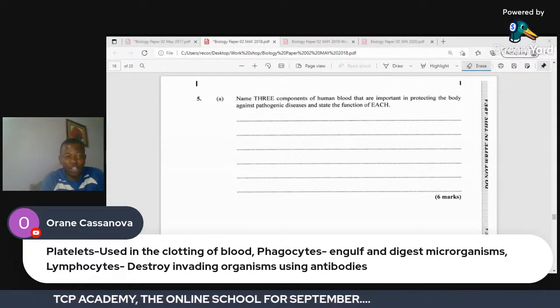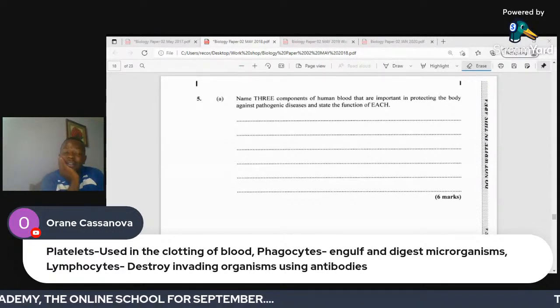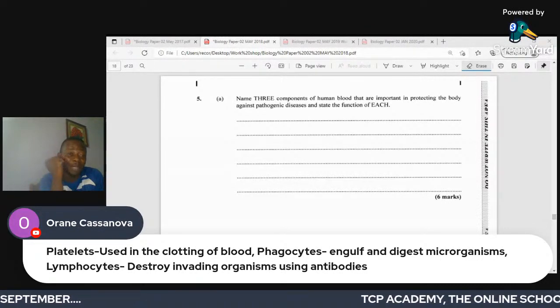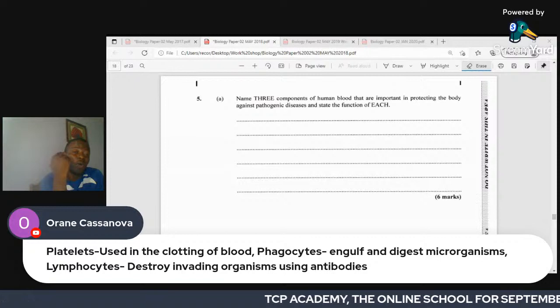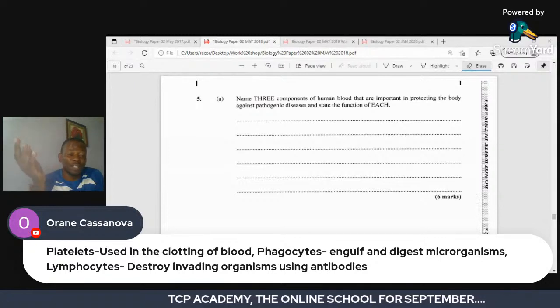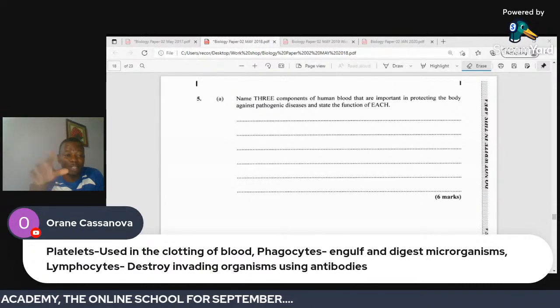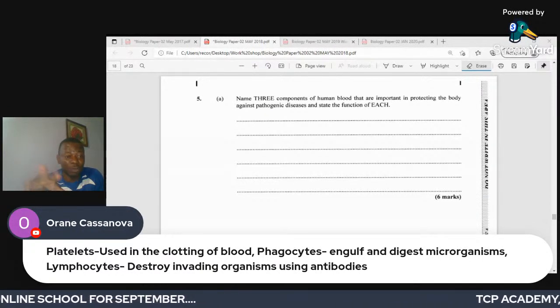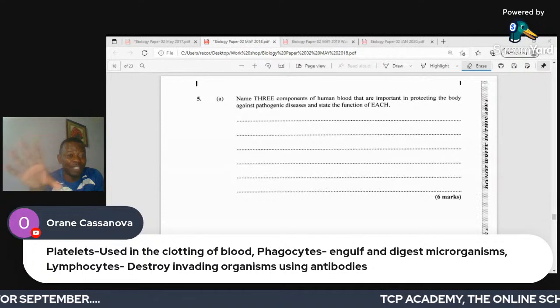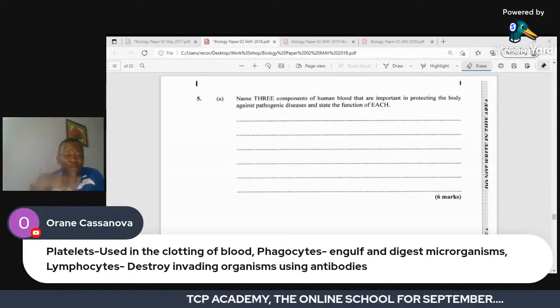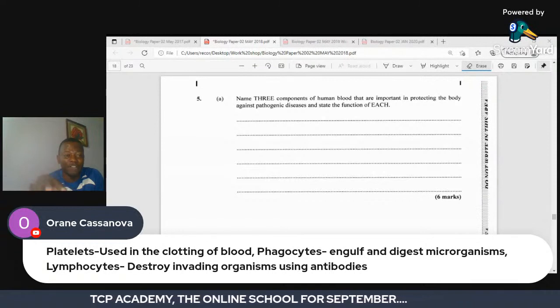When you got this cut, the first responder, which is the phagocyte, came on the scene. While the phagocyte was on the scene, the platelet was pretty much securing the area. The platelet is like those police that come. They are not CID. They can't do the investigation. All they do is just secure the area. So the platelet was pretty much securing the area during that time when you fell from the bike.